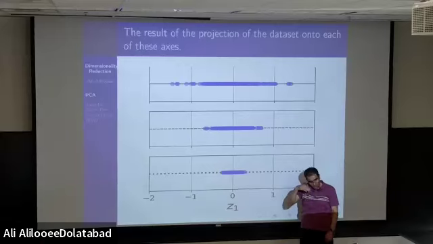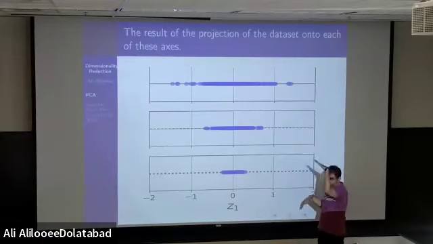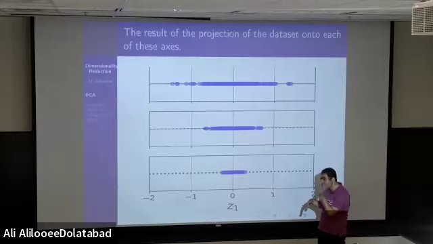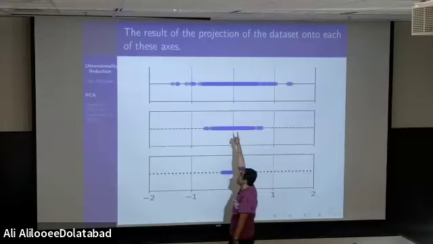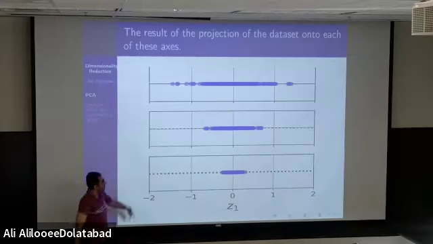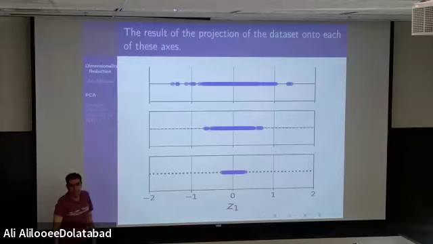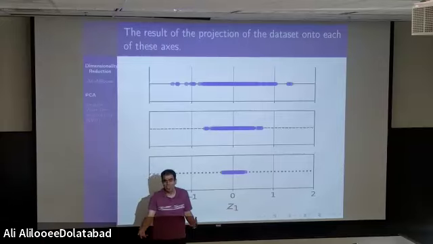Therefore, among the lines that you can choose and project on, we choose the line which gives us the maximum variance. You can have plenty of lines, but we will choose the one that, after projecting, gives you the maximum variance. Then here we can see that the first one is better, because the first one gives us the maximum variance. This is the foundation of PCA. That's it.